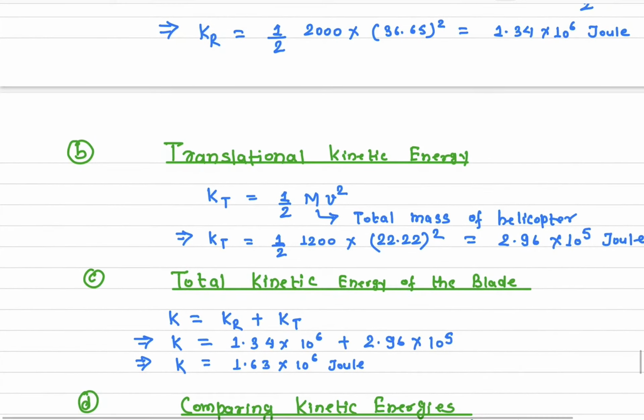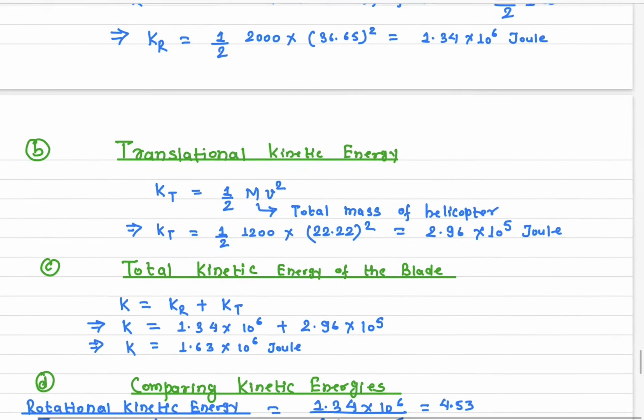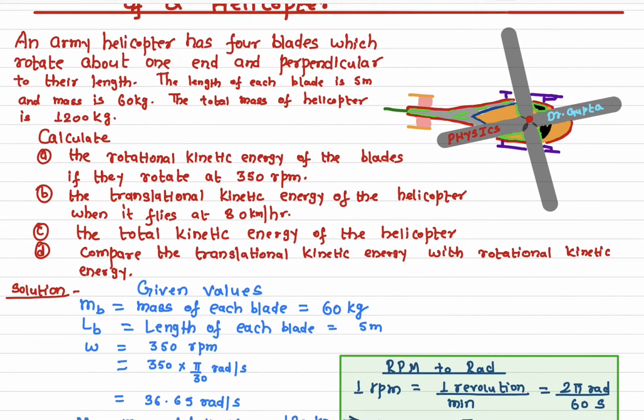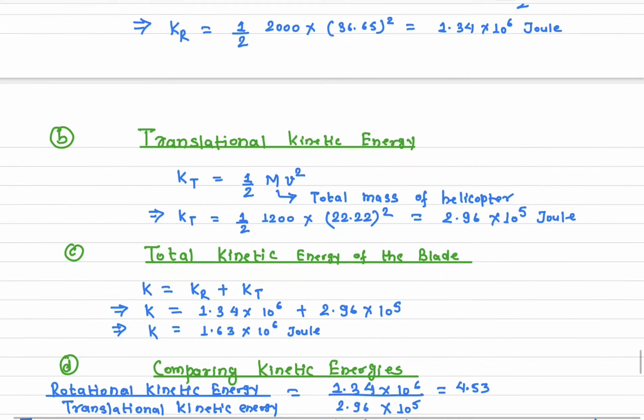Now let's calculate the translational kinetic energy. When the helicopter is moving, the entire system is also moving with a certain velocity. Even the blades are moving along in the direction of the motion. So in order to calculate the translational kinetic energy, the formula is half m v squared, where m is the total mass of the helicopter and v is the linear velocity.